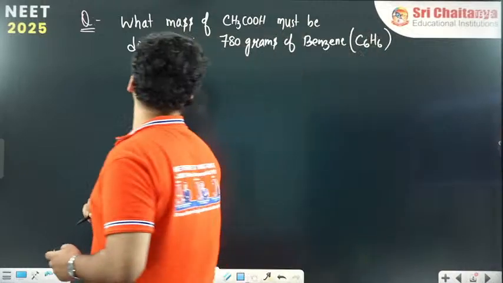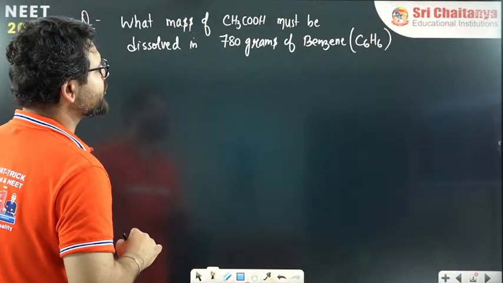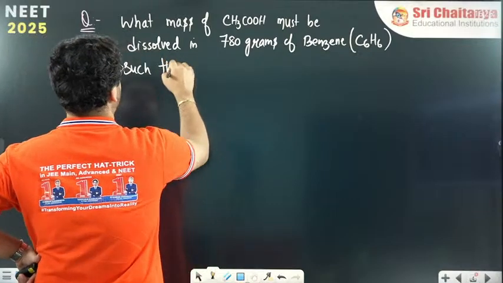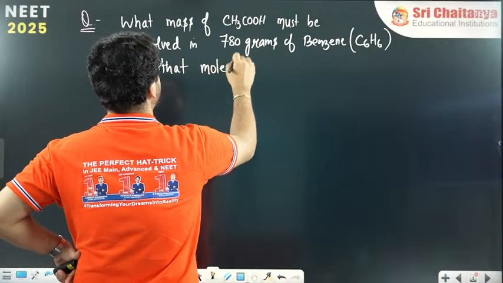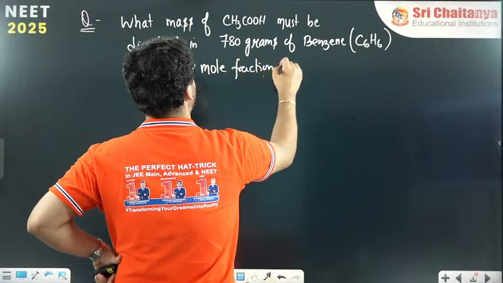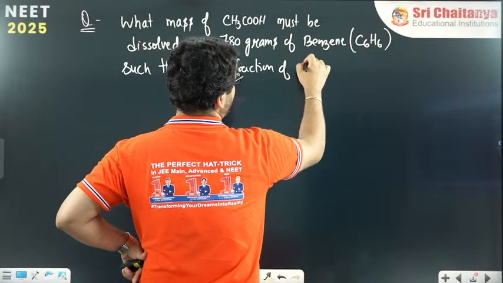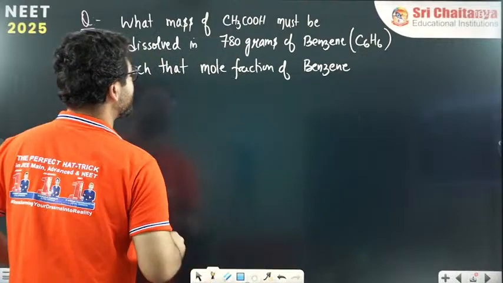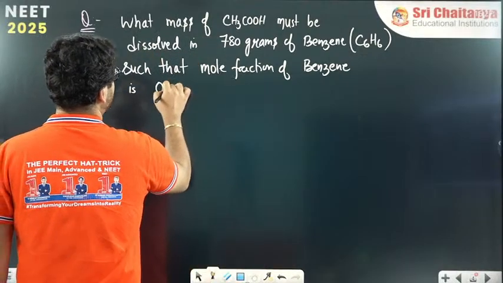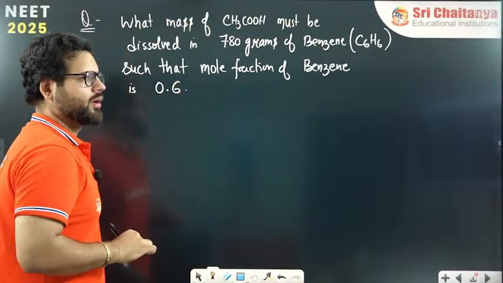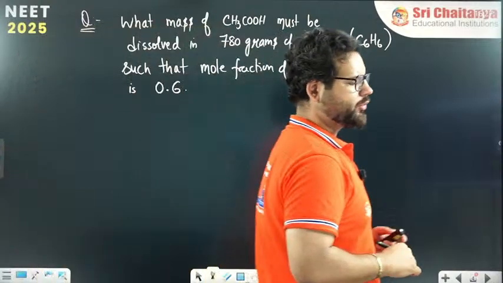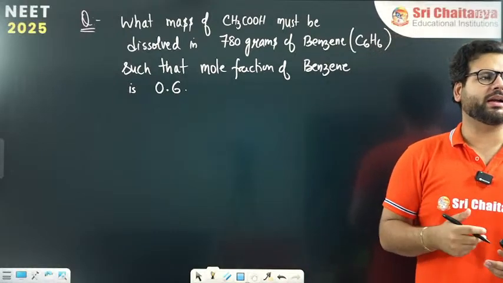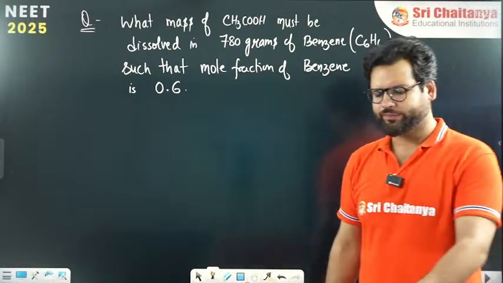What mass of acetic acid must be dissolved in 780 grams of benzene such that the mole fraction of benzene is 0.6? This is the question. You can try it and tell me the answer, what you are getting.